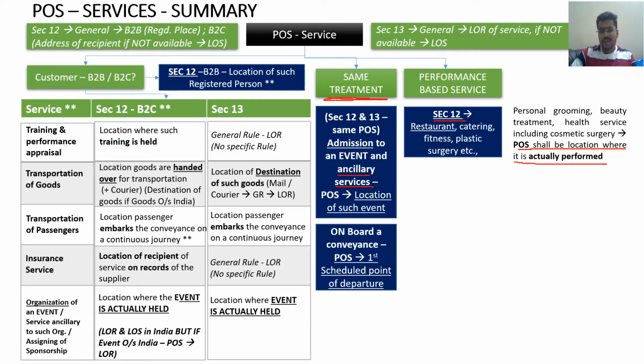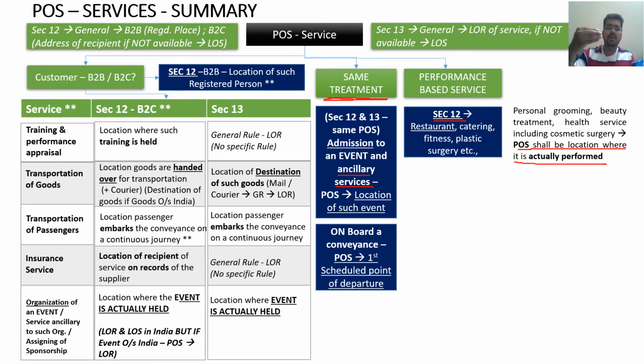Now the place of supply, even though you give him your GST number, whatever, you say you are a registered customer, what is the service he is providing to you? He is providing you restaurant service. For a restaurant service, when both of you are in India, the place of supply will be the place where the restaurant service is performed, that is Chennai, right? So the place of supply will be Chennai.